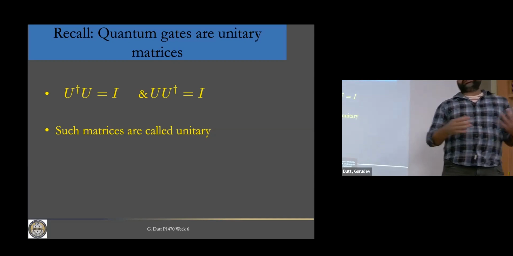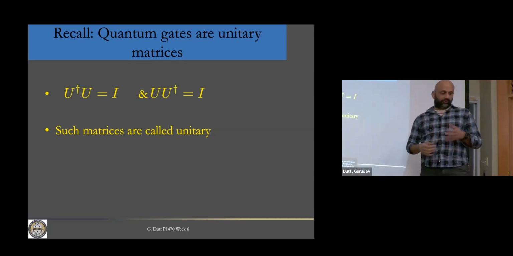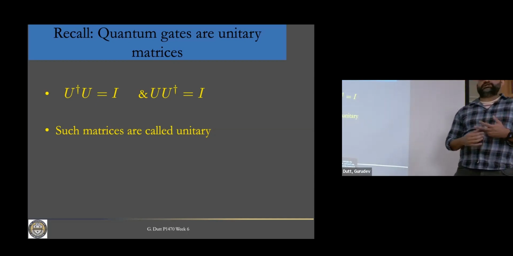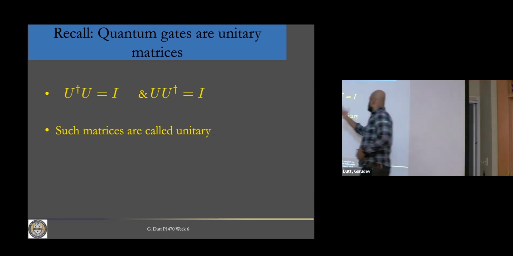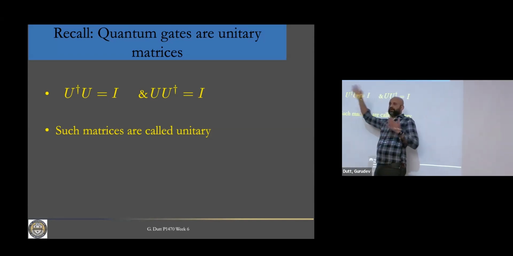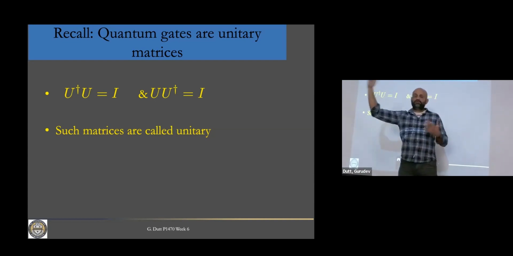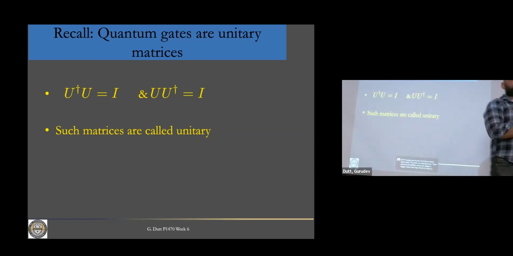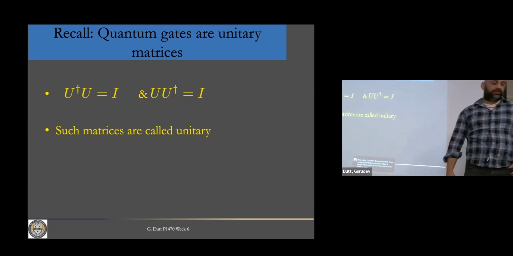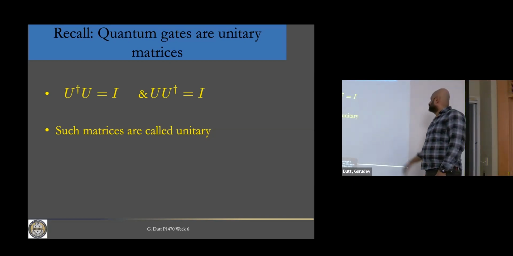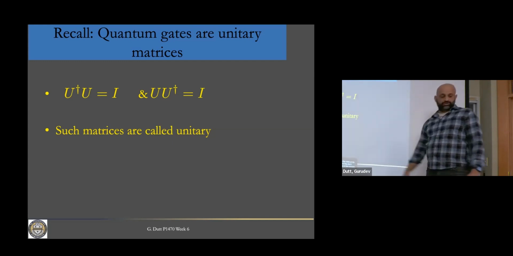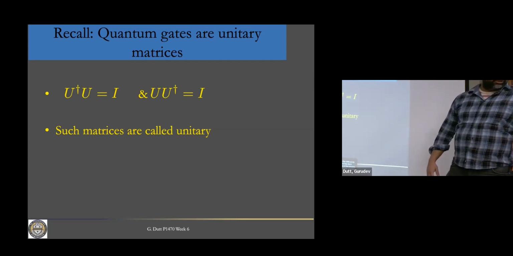You'll see there are examples, and maybe the homework that I'll assign next class is that the order does matter. Meaning there are some matrices where A dagger times A may not be the same as A times A dagger. So they don't always commute, as we say in quantum mechanics. But these matrices do commute and give us the identity matrix.